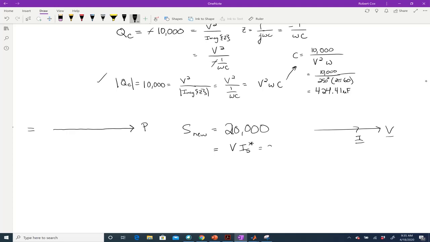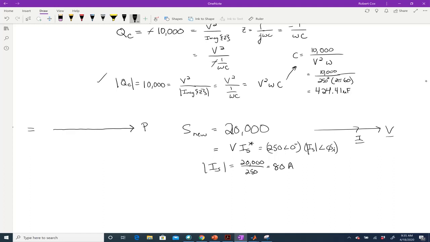I know this is 250 angle 0 degrees, and this is I S magnitude times the angle of phi sub I. I can figure out the magnitude of I sub S by doing 20,000 divided by 250, and that works out to be 80 amps.